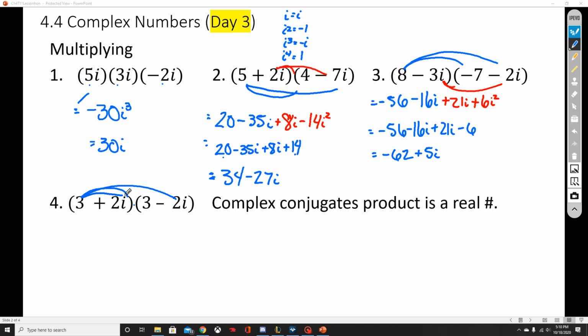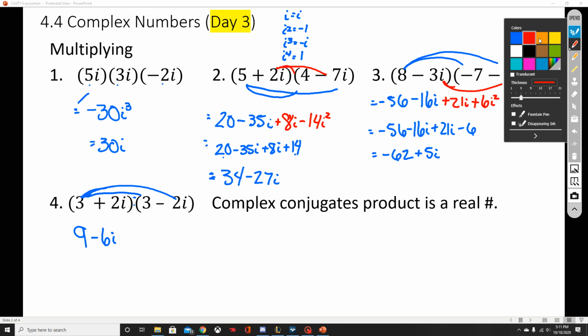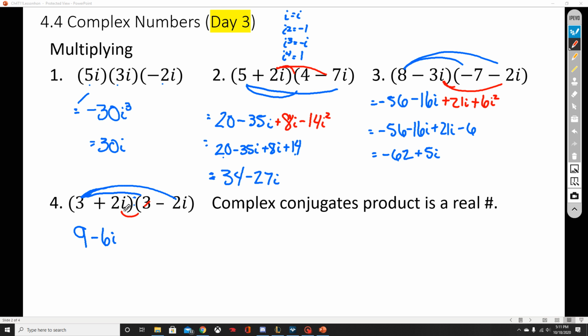So 3 times... Let's see that that actually happens. 3 times 3 is 9. 3 times negative 2i is negative 6i. 2i times 3i is positive 6i. And 2i times negative 2i is negative 4i squared. And remember, i squared is just negative 1.